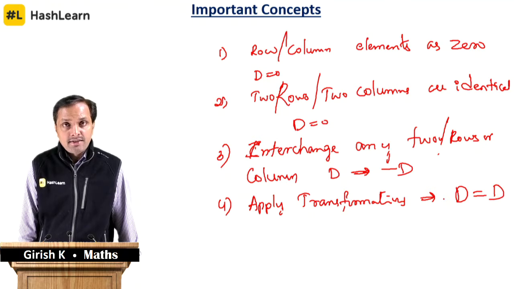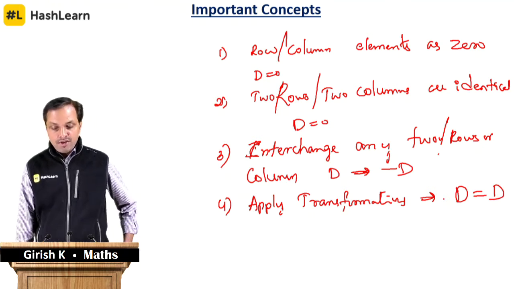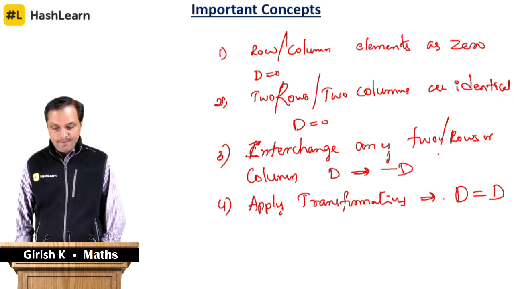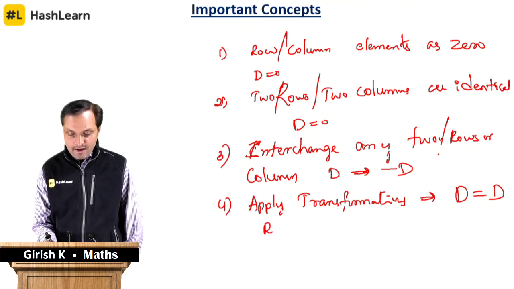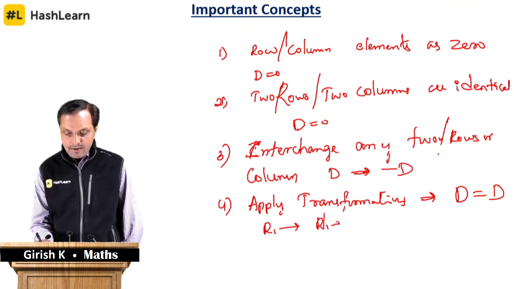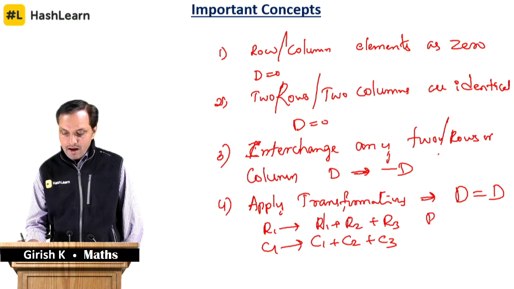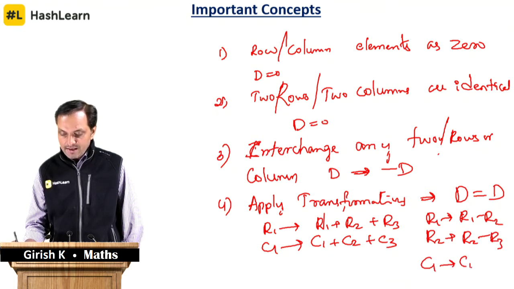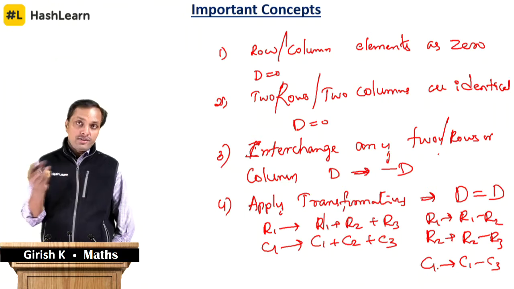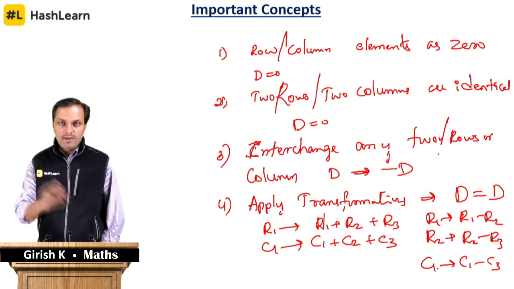What are the various kinds of transformations you can apply? You can apply R1 implies R1 plus R2 plus R3, C1 implies C1 plus C2 plus C3, R1 implies R1 minus R2, R2 implies R2 minus R3, C1 implies C1 minus C3, or C2 minus C3, or C1 minus C2.